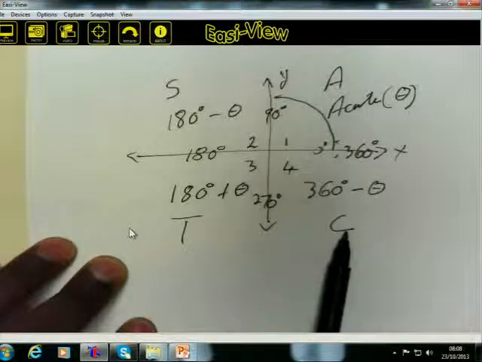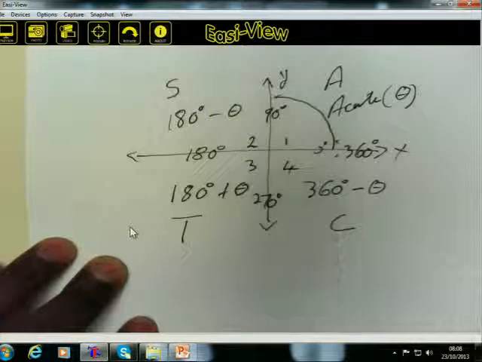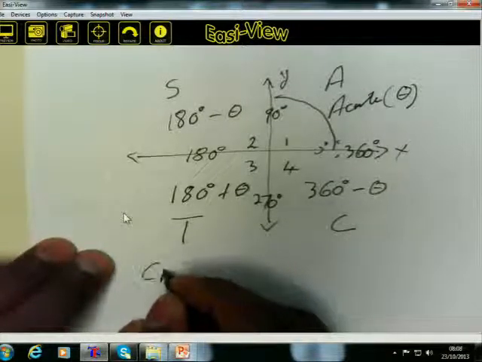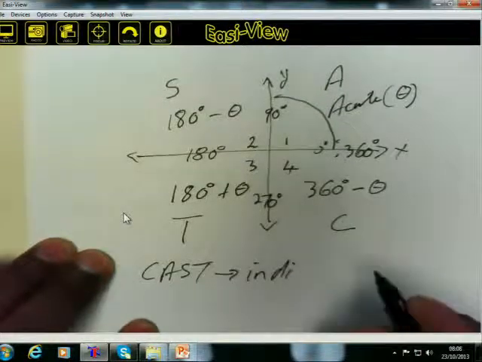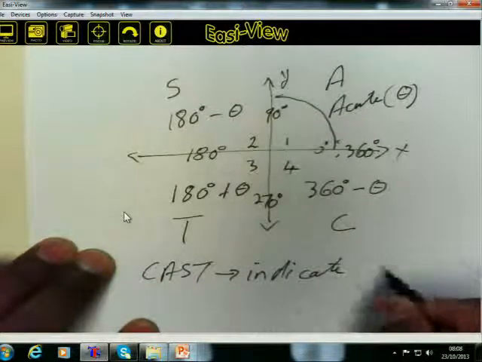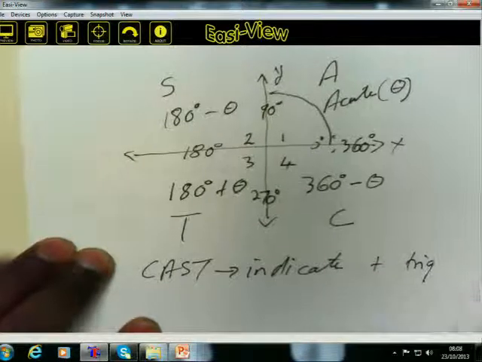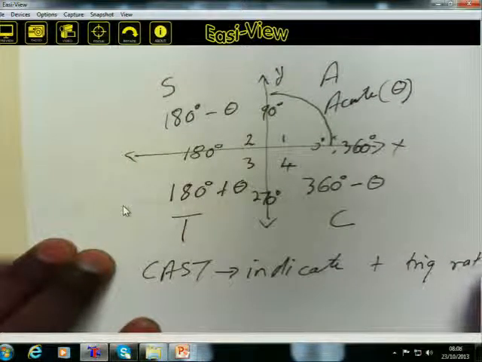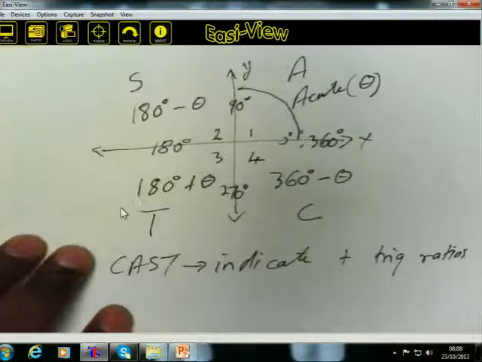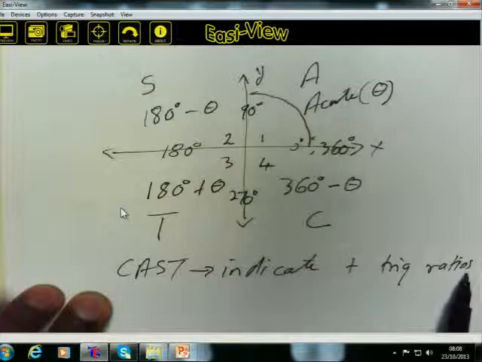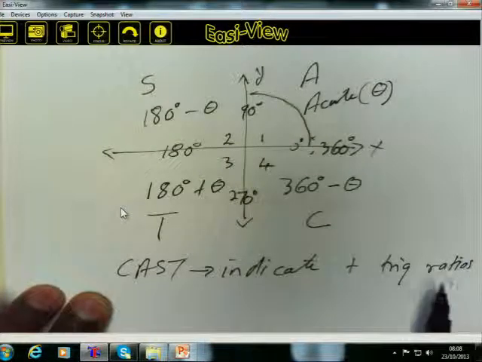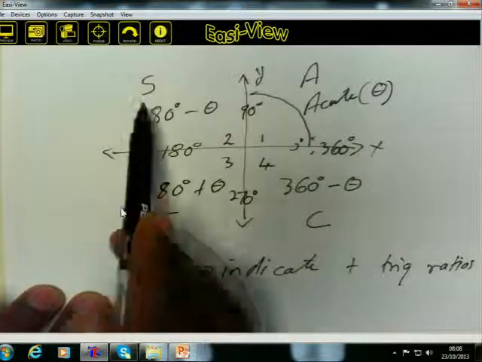Remember, the role of the CAST diagram is to indicate the positive trig ratios. The trig ratios I'm referring to are cos, tangent, and sine.